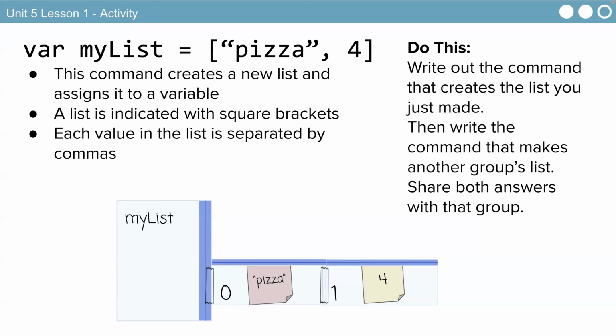Good. The numbering is all automatic, right? The first item in the list is going to be index 0. Second item in the list is going to be index 1.